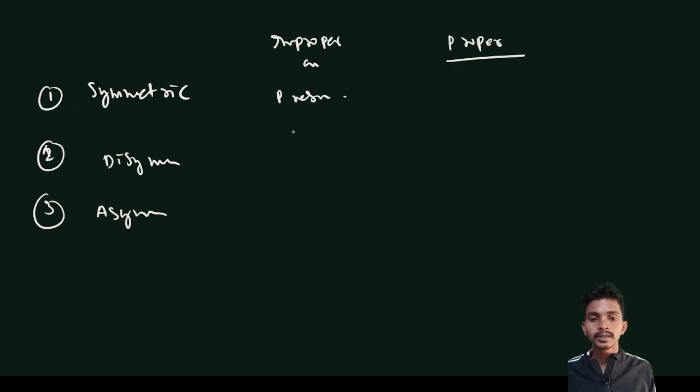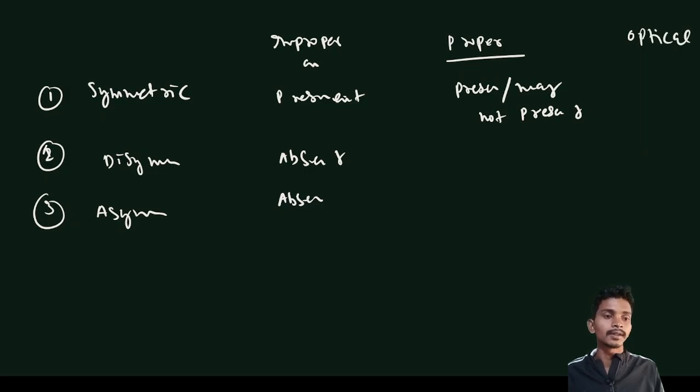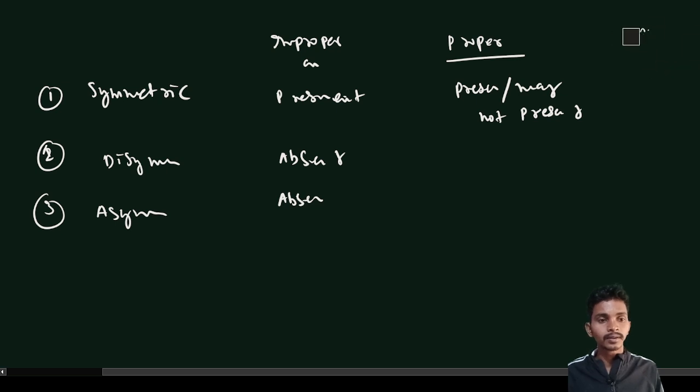If the improper axis is present, then the molecule is optical inactive. Whether the proper axis is present or absent, there is no problem. Here the Cn axis is present, but the molecule is inactive.